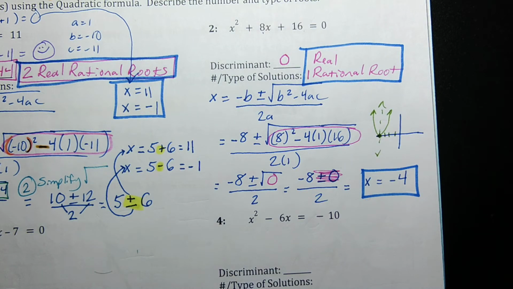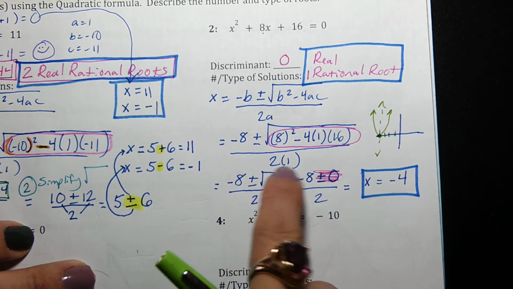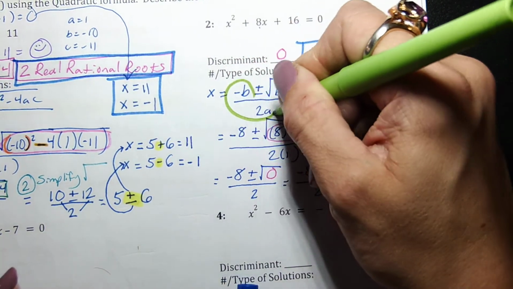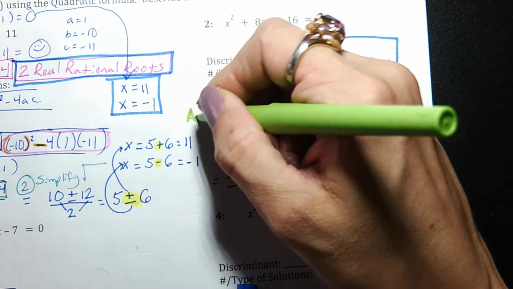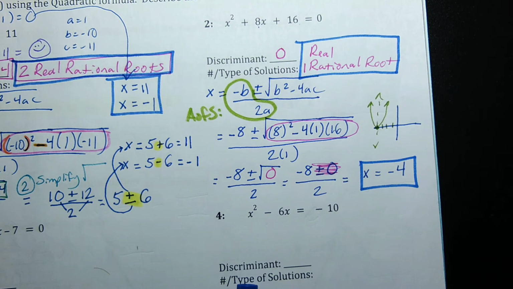So folks, remember how I said that if you were having trouble remembering the axis of symmetry formula, the quadratic formula would help us out? When your vertex is the x-intercept, this goes to 0 and the complete right side goes away, and all you're left with is negative b over 2a. Isn't that my equation for the axis of symmetry? It sure is.